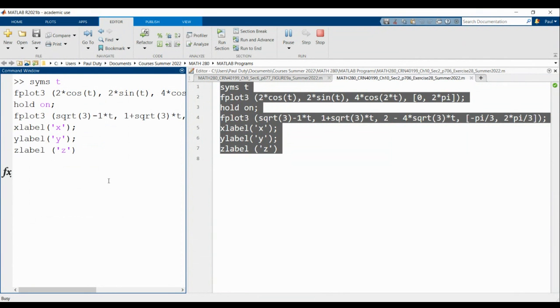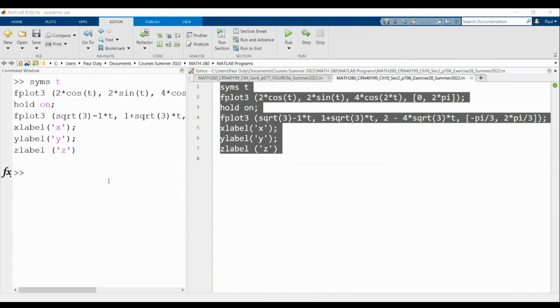And hopefully it'll graph this. It does graph it. And hopefully, if you're trying it, it's graphing it for you.